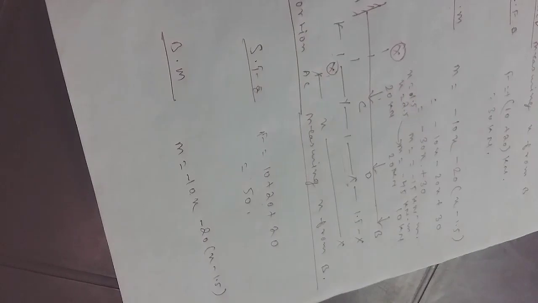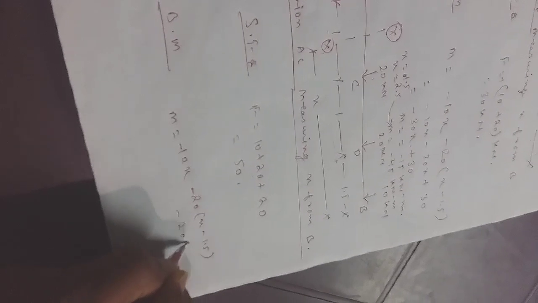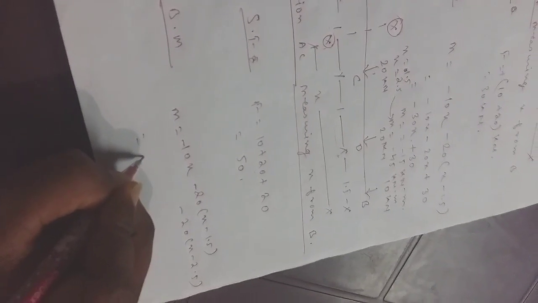Sign will be minus because this also tries to bend downward, so it will be hogging bending. Again for this one, 20 into this distance. What will be this distance again? If the total is x and this one is 2.5, so this will be x minus 2.5. So minus 20 into x minus 2.5. If you solve this, you will get minus 50x plus 80.